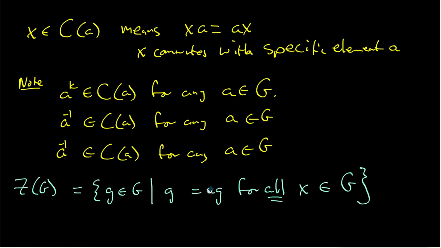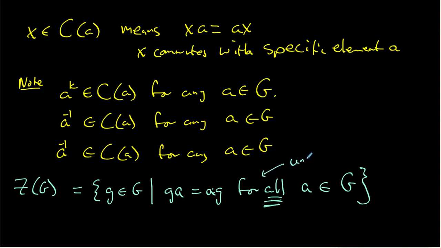That x is a dummy variable. I am going to write that dummy variable with an a. So it's going to be all of the g's in G such that ga is equal to ag for all a's inside of G. So the center has a universal quantifier in its definition.